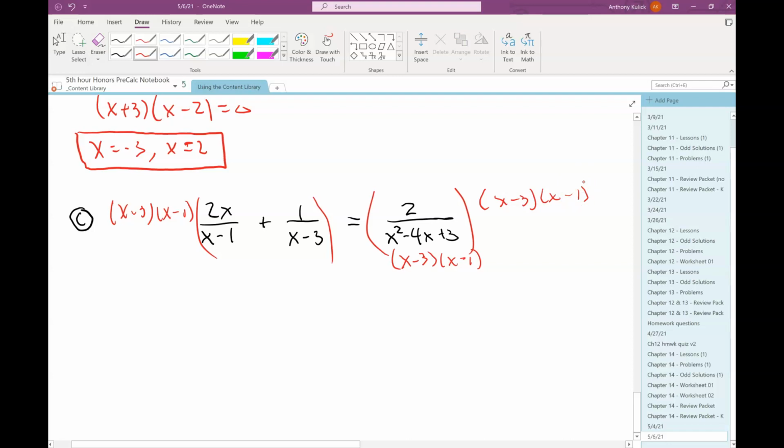Because you've seen that polynomials get a lot harder to solve as the degree gets bigger. If you use a denominator that isn't the least common one, you're going to end up with a polynomial of bigger degree, and then you might have to use the techniques from last chapter to solve it, which is not a lot of fun versus ending up with a quadratic that's pretty easy to handle. So just be cautious about that.